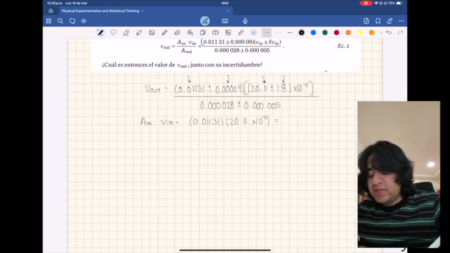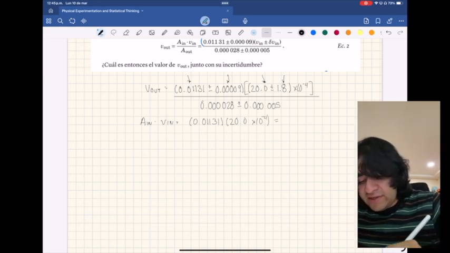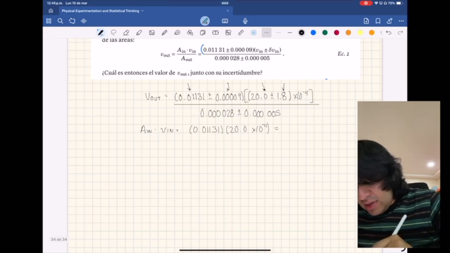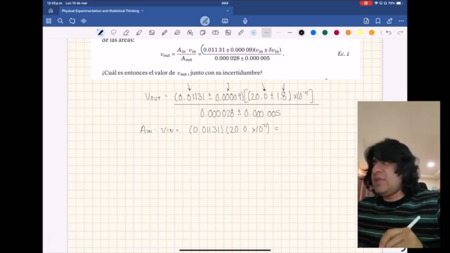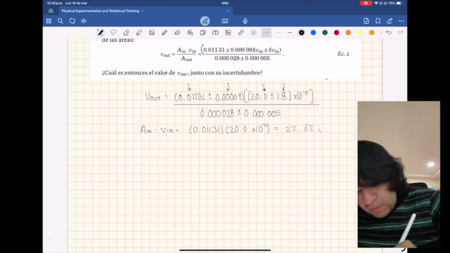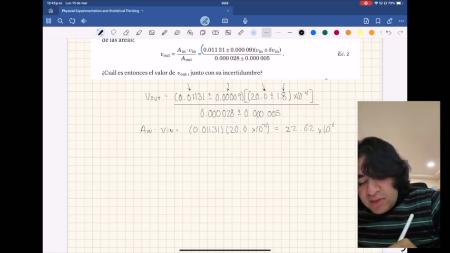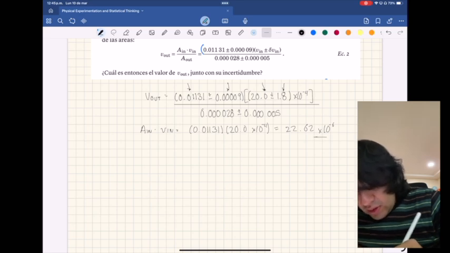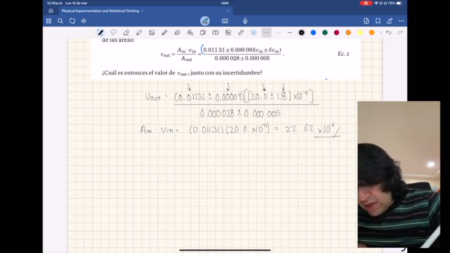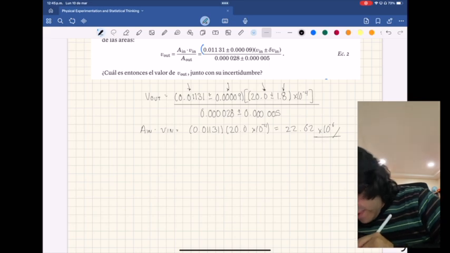So our first term in this division has a result of 22.62 times 10 to the power of minus 6. And now we have to calculate the uncertainty of this quantity.